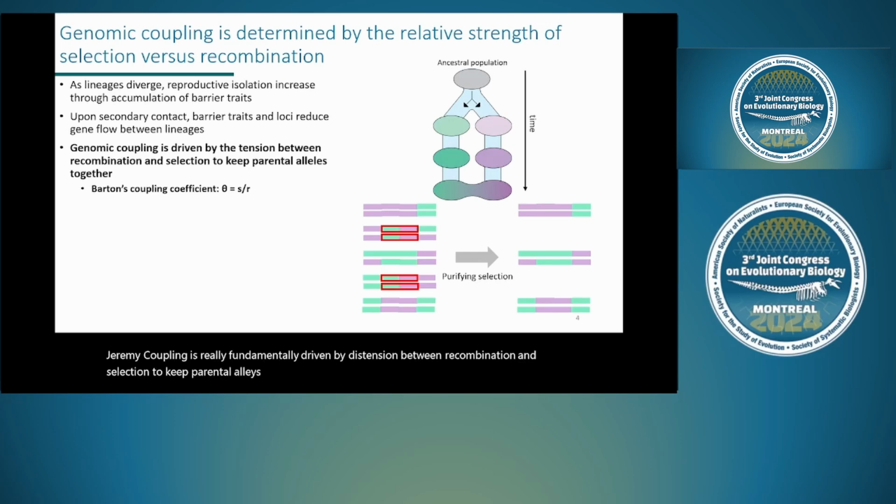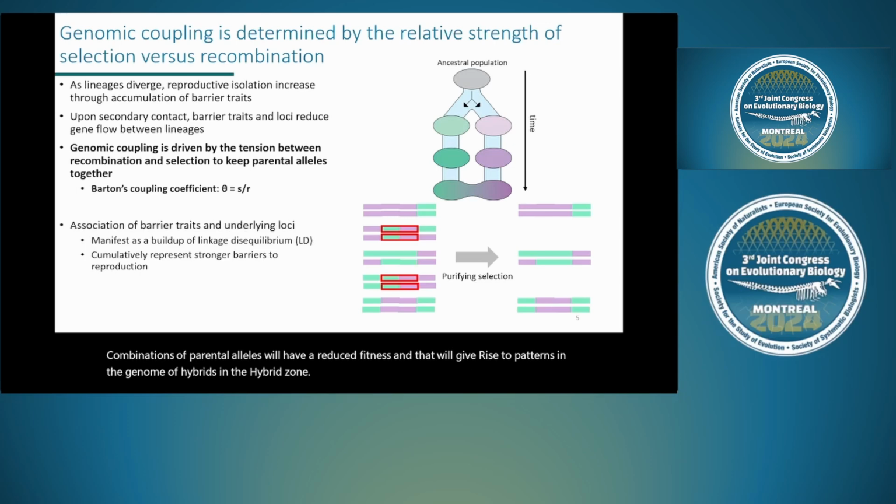That's Barton's proposed coupling coefficient, S over R, which means selection over recombination. Hybrids that do not have the right combinations of parental alleles will have a reduced fitness, and that will give rise to patterns in the genomes of hybrids in the hybrid zone.